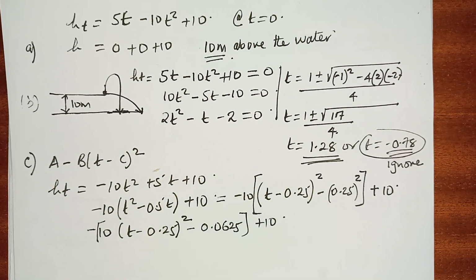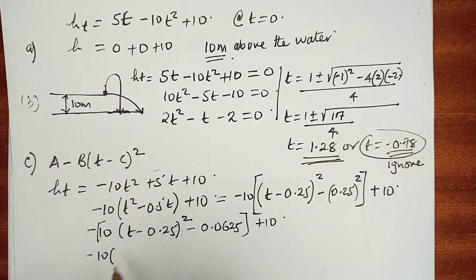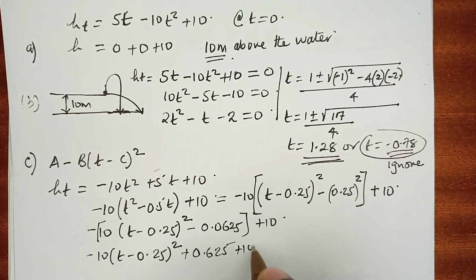Finally, we can open the bracket, which is negative 10. We have something to do with (t minus 0.25) squared. This negative times this negative, negative 10 times 0.0625, becomes plus 0.625 plus 10, and eventually we put this together.